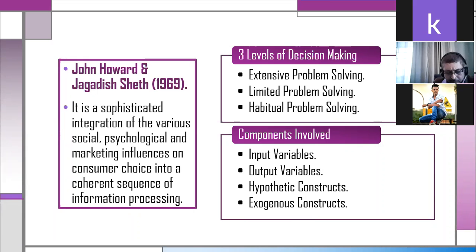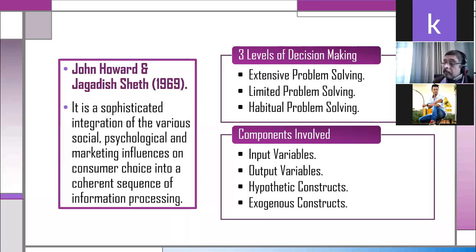There are three levels of decision making: extensive problem solving, limited problem solving, and habitual problem solving. In extensive problem solving, the consumer has very little information about the brand, and there is no preference for the product, so the consumer has to evaluate all the information and brands available.